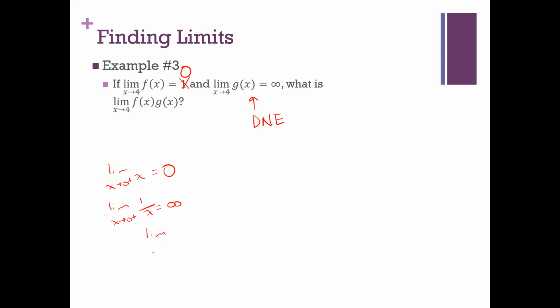But what's the limit as x approaches 0 from the right of this product, x times 1 over x? Well, what is x times 1 over x? So it's the limit as x approaches 0 from the right of 1.